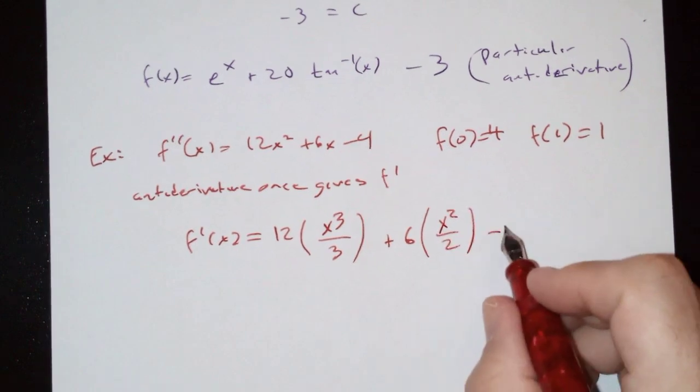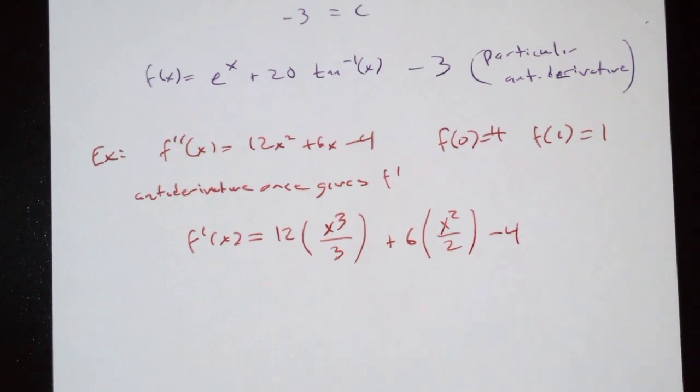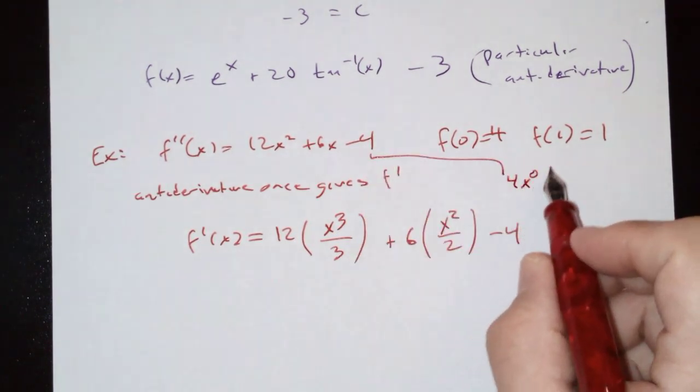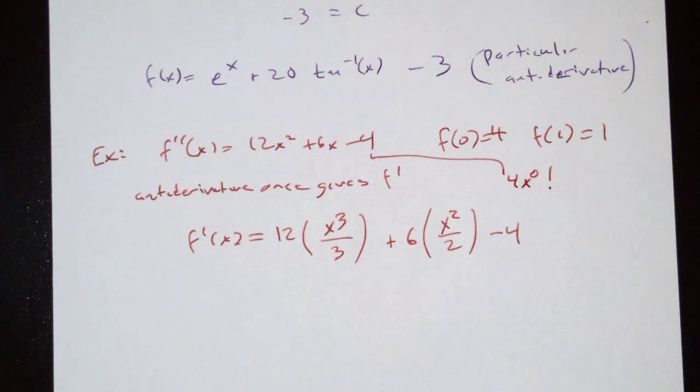But this 4 doesn't have any x's with it at all. That makes it an x to the 0, because x to the 0 is 1. Oh, okay, wait a minute. I can use the power rule now.